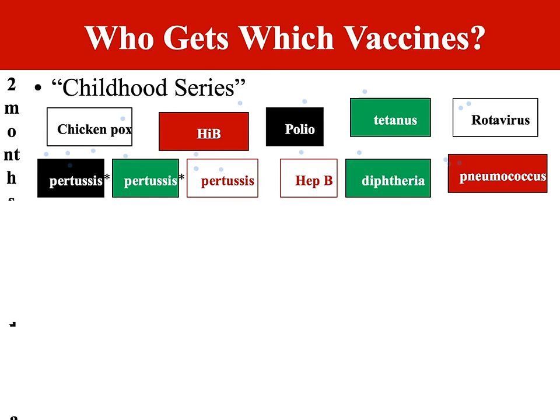Lower side effects, but it didn't work quite as well, and so then what happened was the pertussis toxin was added to the mix and was given as a toxoid vaccine. That worked better, but not quite as great as this. So a lot of times what's used now is either this alone or this in combination.